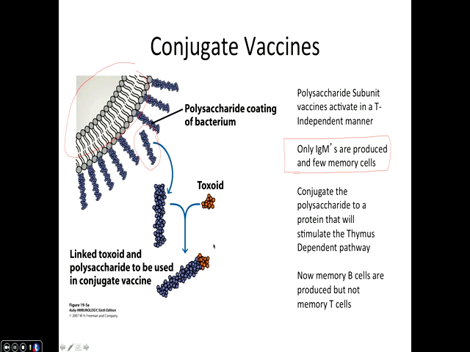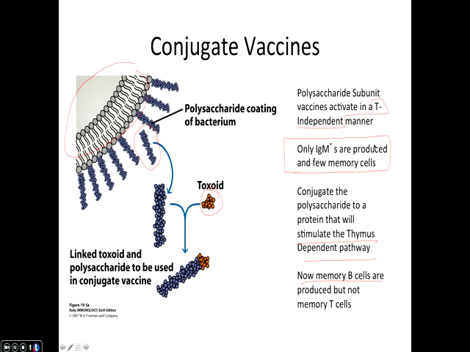You're not being exposed to a particular pathogen. Now, one thing that's an interesting idea is that if you covalently conjugate a toxoid, remember that is the formaldehyde inhibited bacterial toxin, this can actually stimulate thymus dependent pathways, and now you're getting memory B cells. Remember these IgMs, this is the thymus independent pathway.